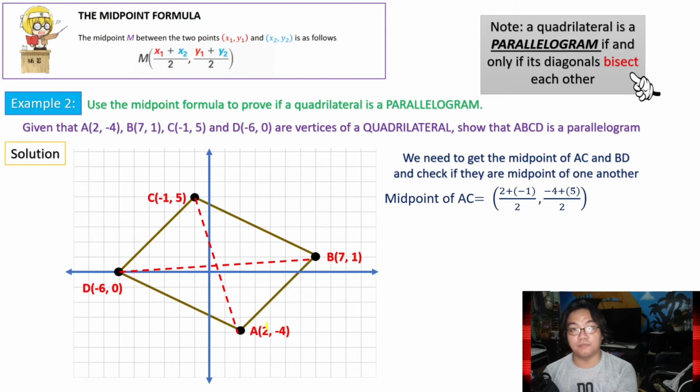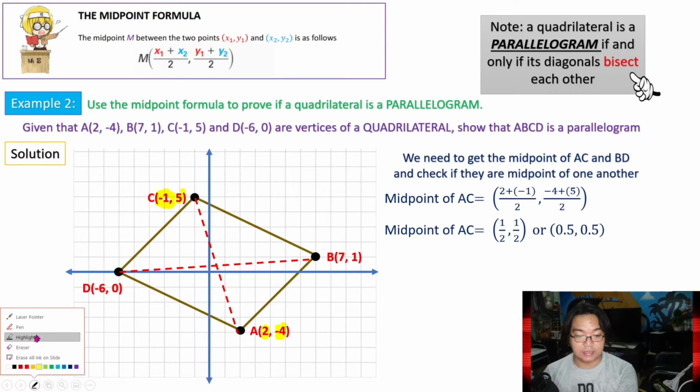So for the midpoint of AC, we add 2 plus -1, which gives us 1. And then for the y-coordinate, -4 plus 5, which also gives us 1. So the coordinate of the midpoint of AC is 1/2, 1/2, or 0.5, 0.5. Now let's go to segment BD.